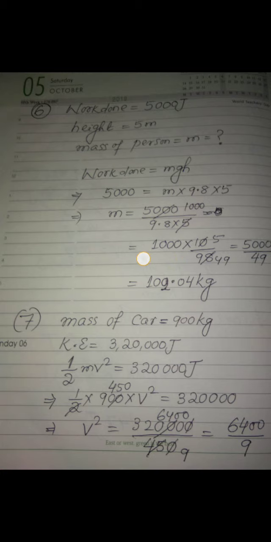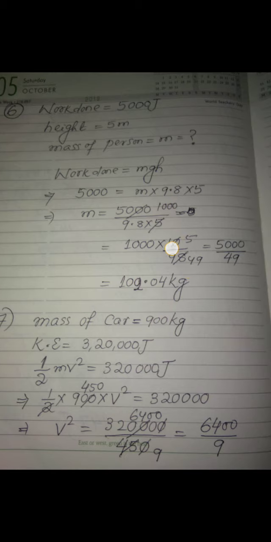So 1000 divided by 9.8, that is 98 by 10. Thus 1000 into 10 by 98, by 2, 49 by 2, 5000 by 49. When you divide it, the answer will come 102.04 kg. Thus the mass of person is 102.04 kg.